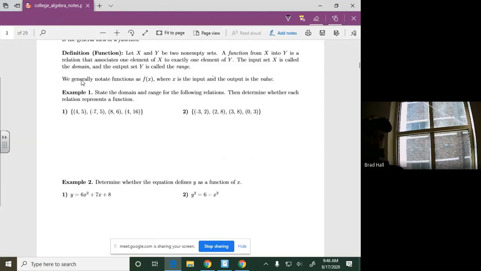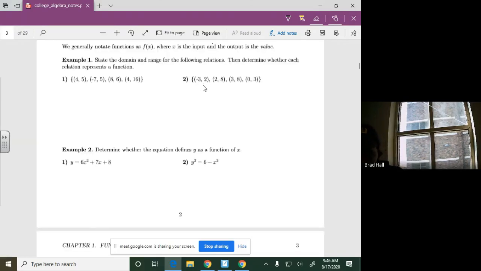Depending on what your background is, we notate functions as f of x, where x is the input and the output is the value. Okay, cool. So we move on to example 1.